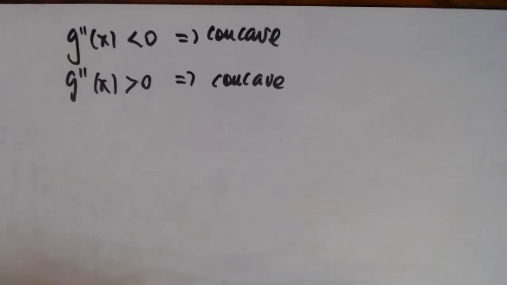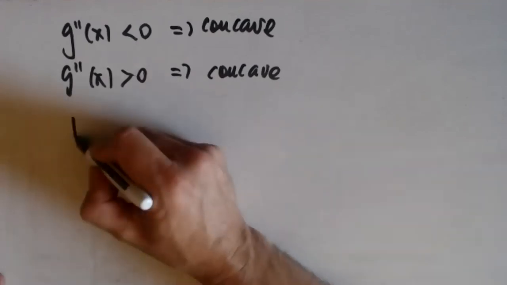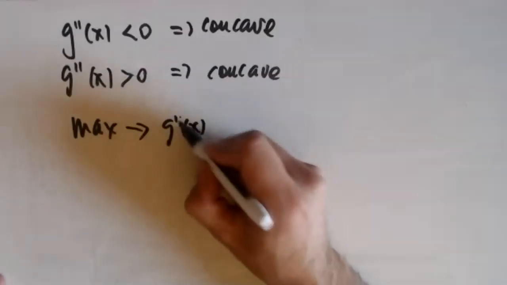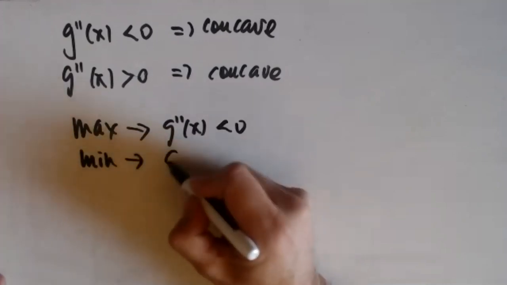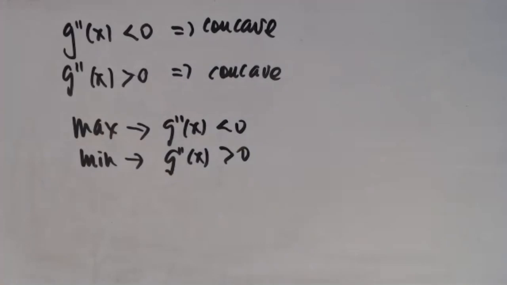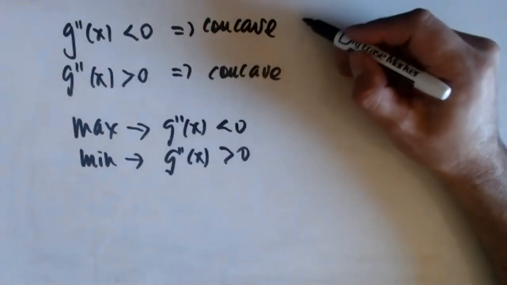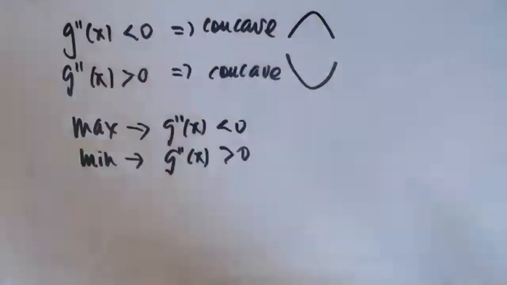Remember the criteria for the second derivative to determine a max or a min? You have a max when the second derivative is negative. You have a min when the second derivative is positive, correct? So what is the concavity when it's negative? Concave down. Yeah, concave down.